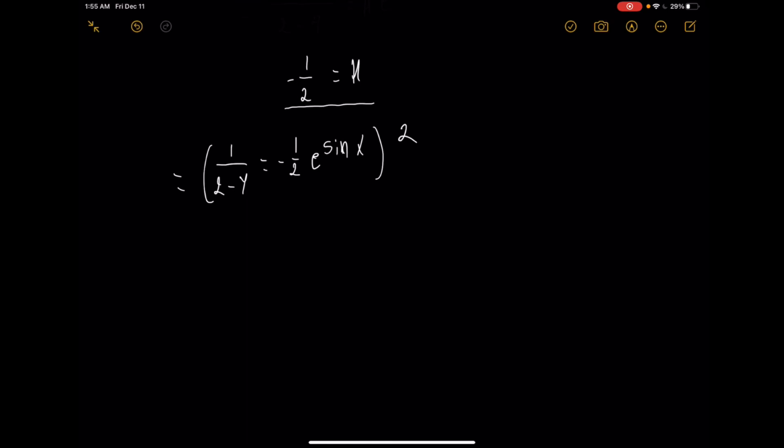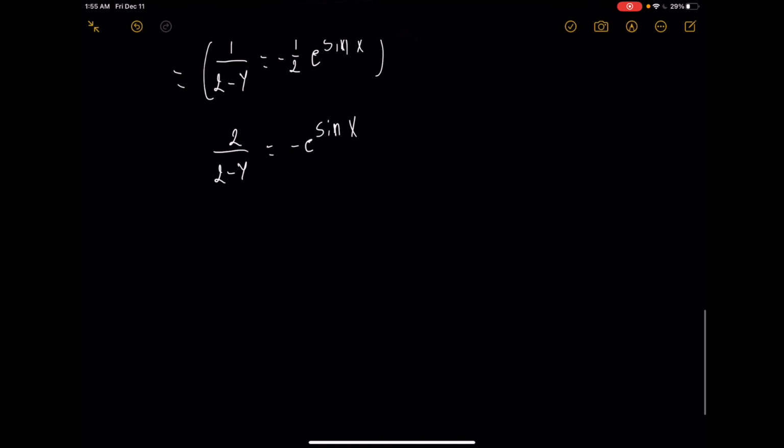So now we will have 2 over 2 minus y, which is then equal to negative e to the sine of x. And then by some algebraic manipulation, right, we're going to have 2 over e to the sine of x, which is then equal to y minus 2. Now we can move the denominator up to the numerator.